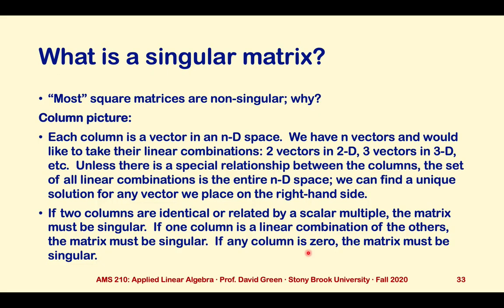What we see is, what is a singular matrix? A singular matrix is one that has rows and/or columns that are linear combinations of other rows or columns, respectively.